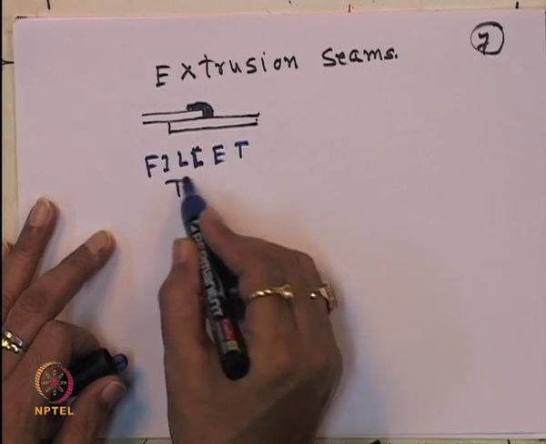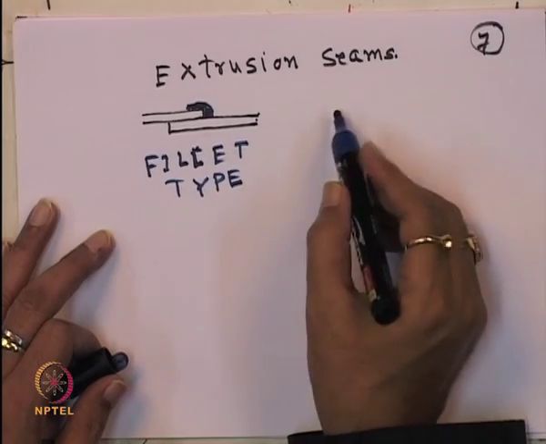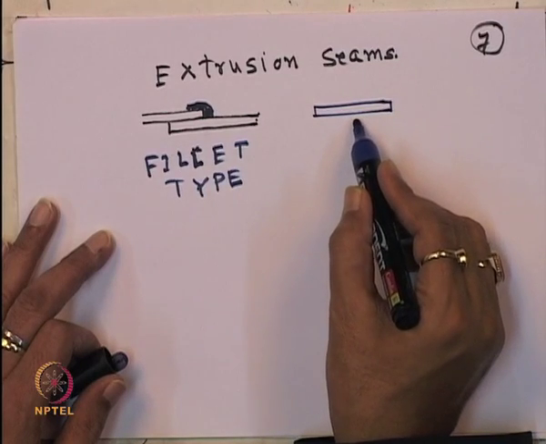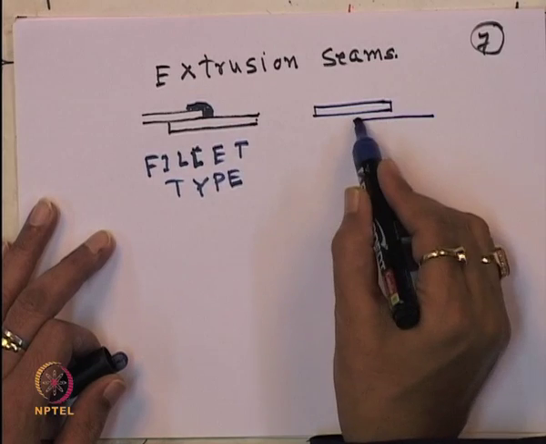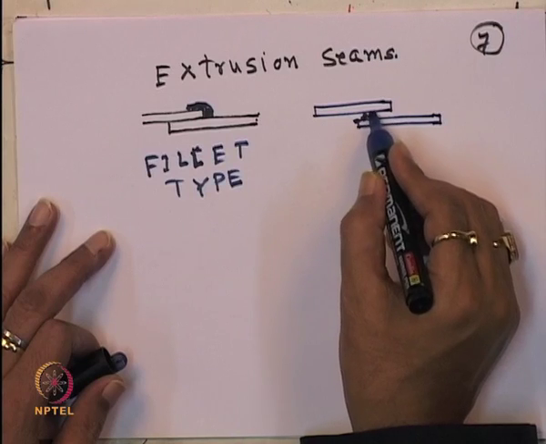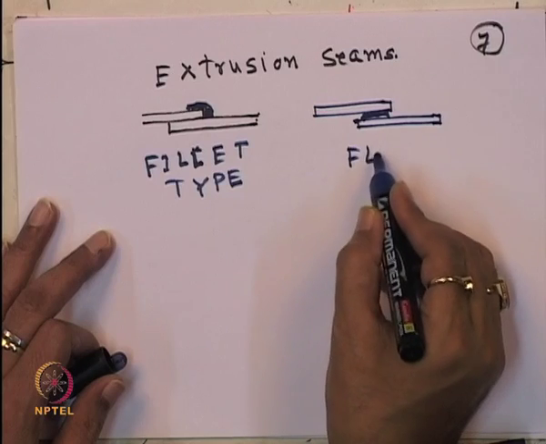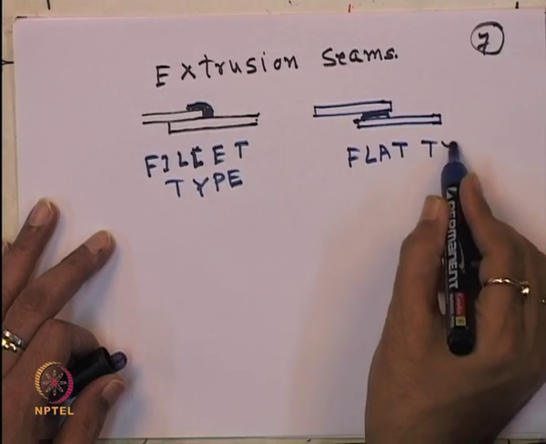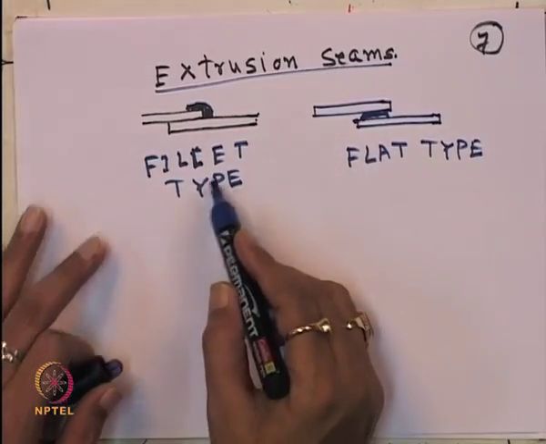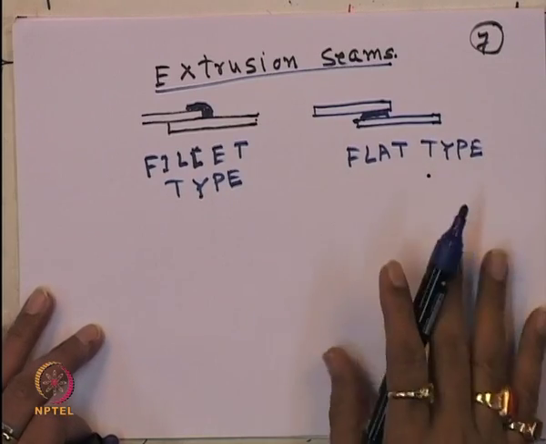This is fillet type, okay, or you can also make the seam in this type. So this is called flat type. That means this extrusion seam may be the fillet type or the flat type.